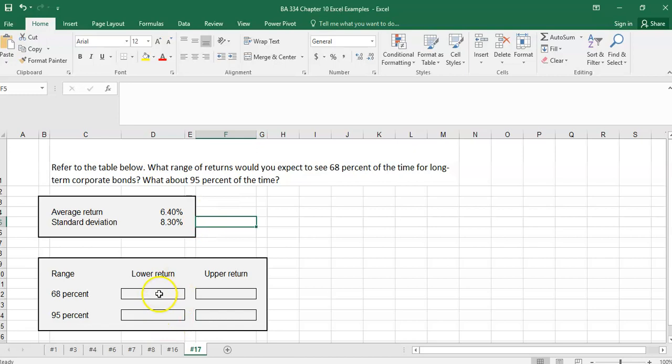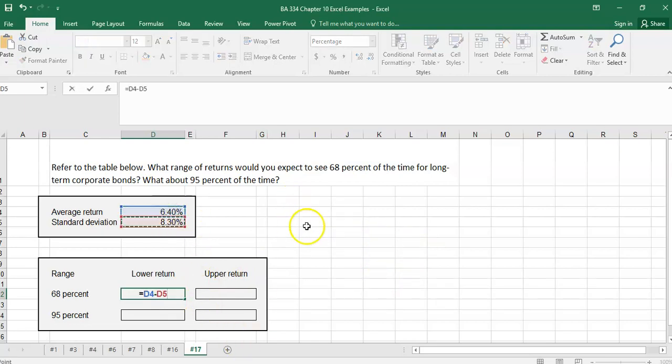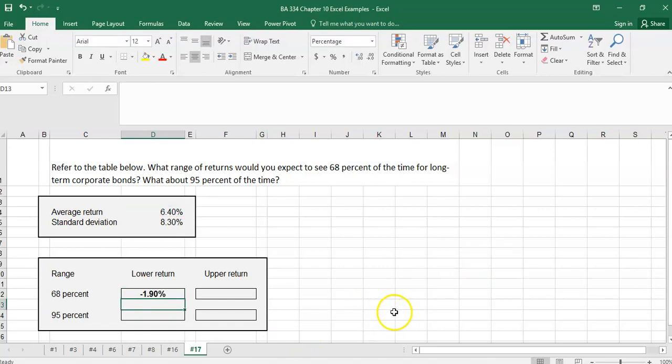So we have the low end of the return is the average return minus the standard deviation. So the lower return is negative 1.9%. So that's 68% of the time.